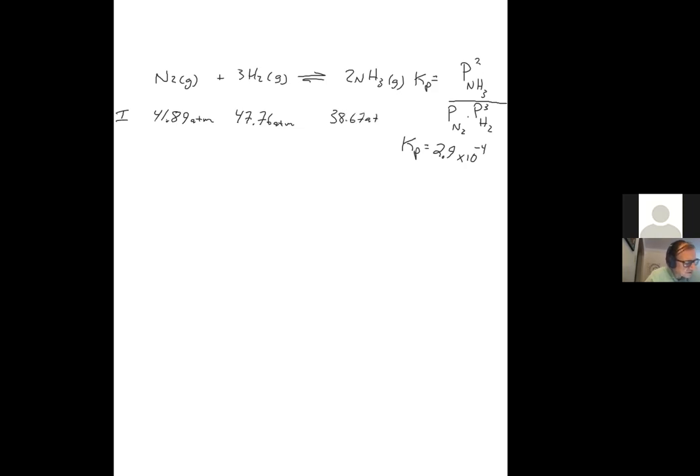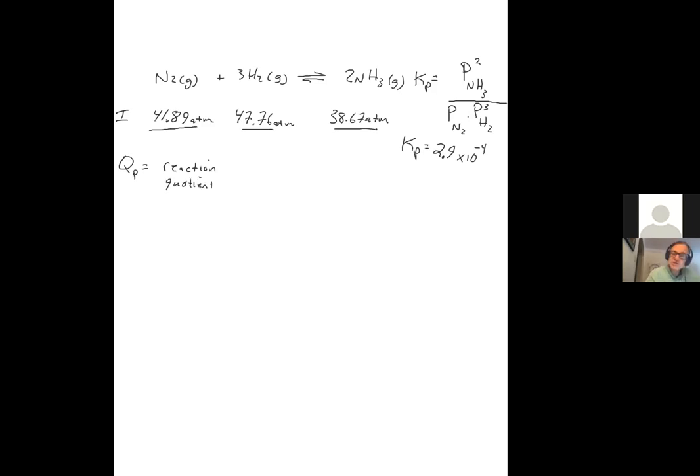So the only issue here is, are we at equilibrium? You know, so how do we tell? What you do is you calculate what we call Q, in this case QP. The actual calculation is done using these pressures. Q, by the way, has a name. It's called the reaction quotient.